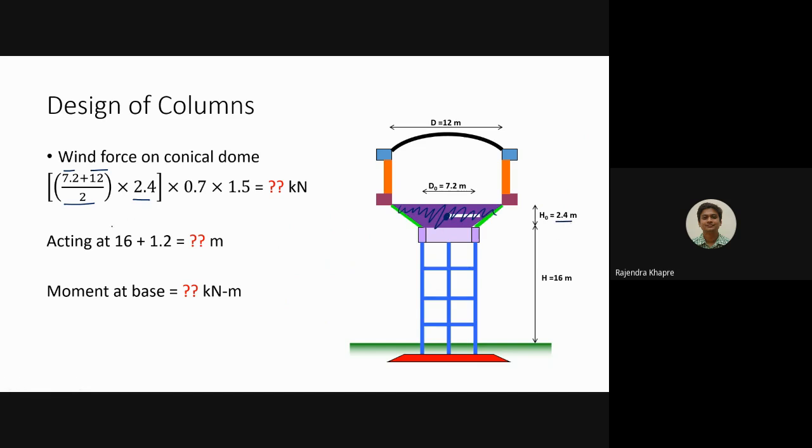This is going to give me an exposed area in the form of a trapezium, multiplied by the shape reduction factor, that is 0.7, because in the top view it will be circular in shape like this. And then the intensity of the wind is 1.5.